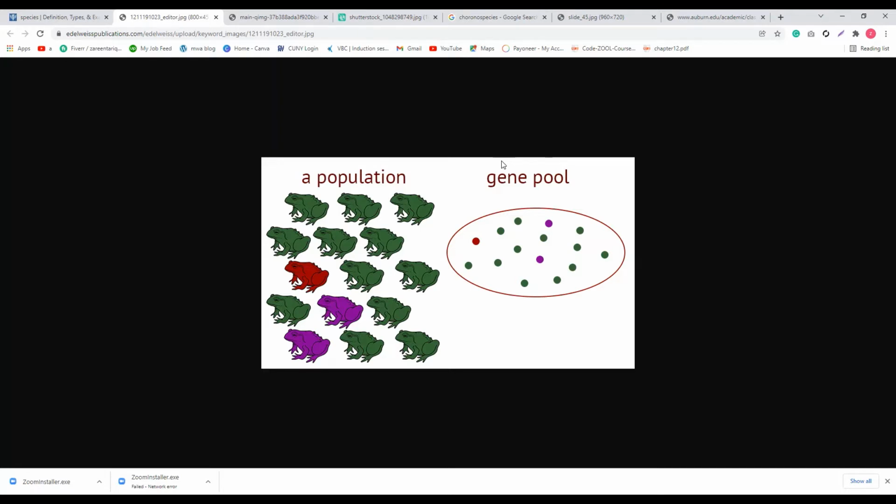So the organisms that can interbreed, the green one and the red one, if they interbreed and pass on their genes to the next generation within a population that shares a common gene pool, these two members belong to the common gene pool. They share a common population, and they can interbreed and pass on their genes to the next generation.